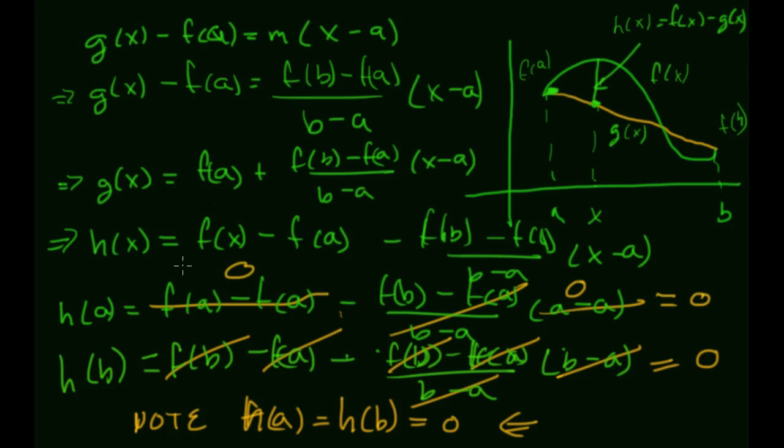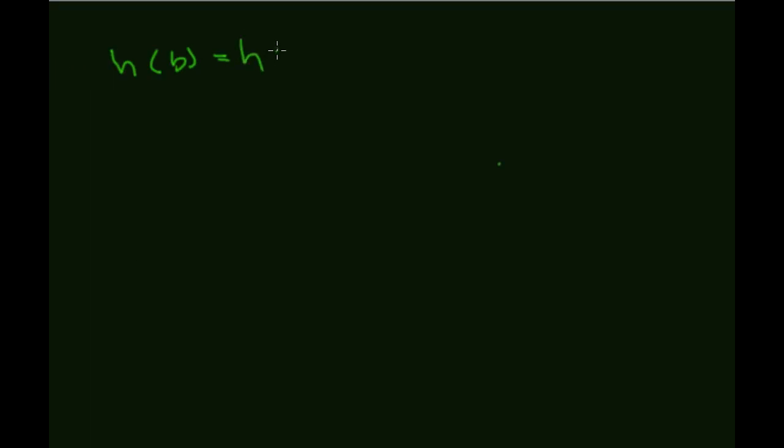So we're going to clear out a little bit of space here and we're going to work from there. Okay, so moments ago we established that h at b is equal to h at a, which is equal to 0, which met the initial conditions of Rolle's theorem, right?